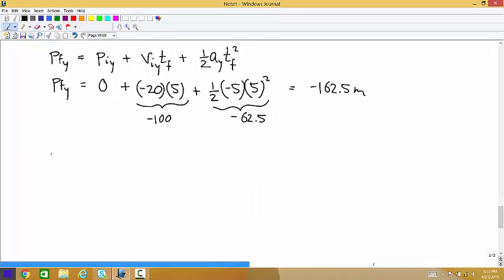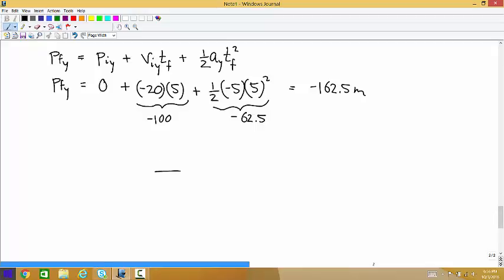Okay, so the displacement now, we want the displacement from the starting point to the ending point. If I were to see a negative 162.5, I would feel like I did something wrong. So what does that mean?